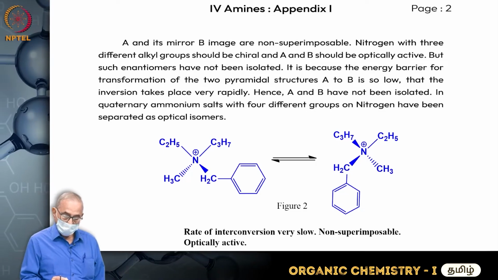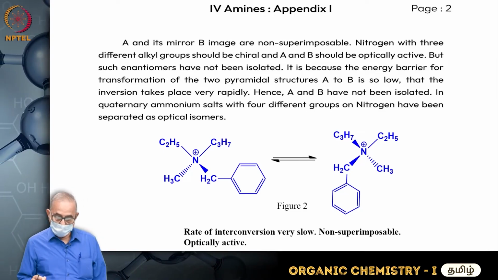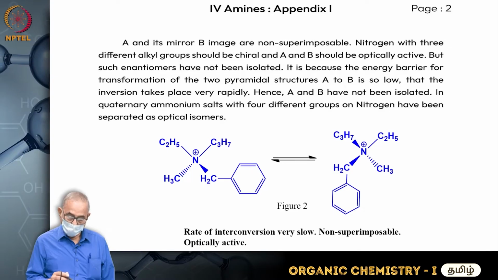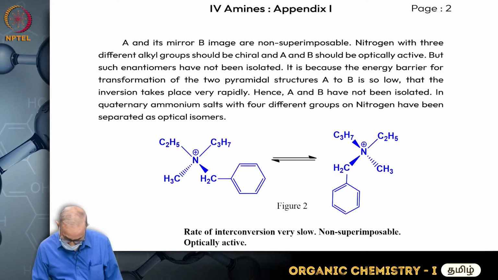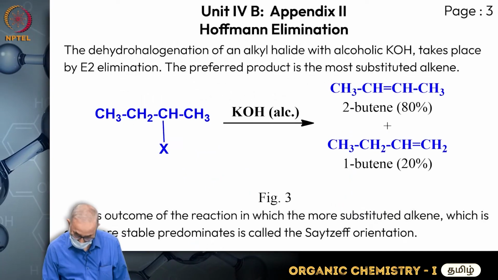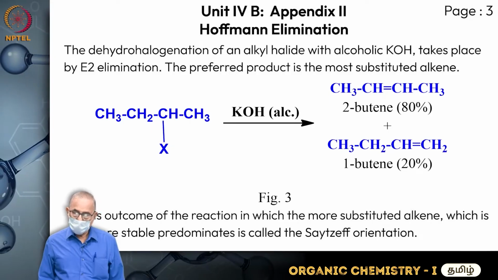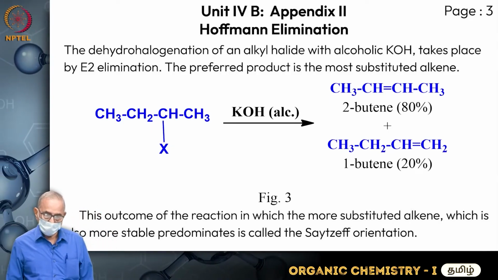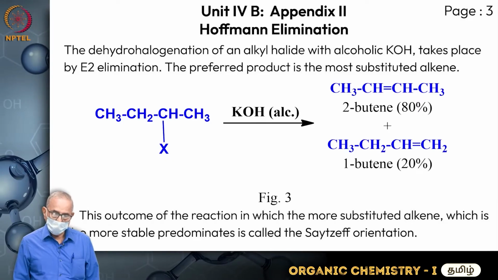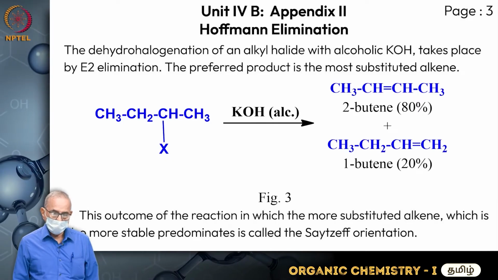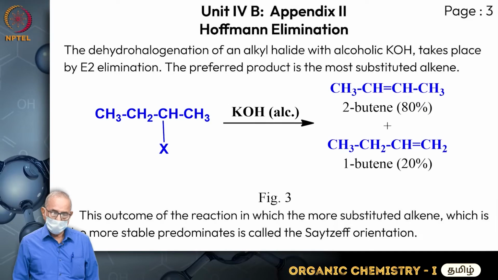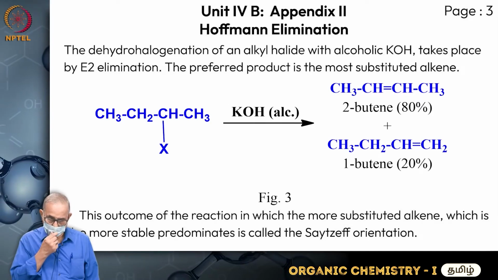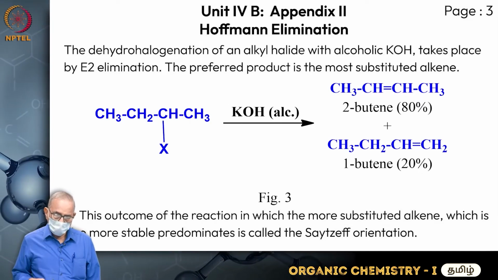The rate of interconversion is very slow, non-superimposable, therefore, it is optically active. In such molecules, the optical isomers have been isolated, and they have been shown to have rotation. That is, they rotate the plane polarized light to the right or left, depending upon which molecule is isolated in the 2 mirror images.